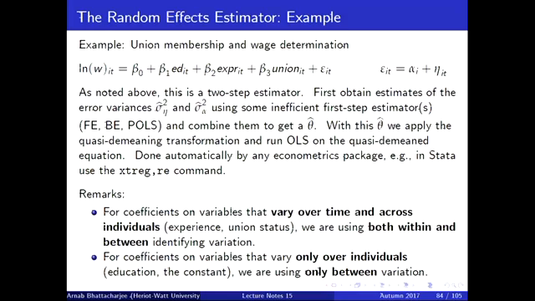So it is not fully efficient. What we have just discussed, the feasible GLS estimation, is not fully efficient. Is there a way to do this efficiently? What is the most efficient estimator you know about?